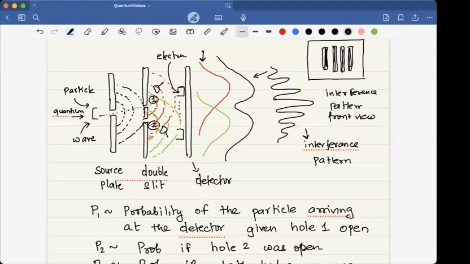So it means that the electron has actually passed through either one hole or the other, but not both. And then when you do that, the interference pattern is no longer observed. In fact, what you observe is this pattern. So the other thing that came out of this experiment is that measuring or observing the electron does indeed disturb the electron.